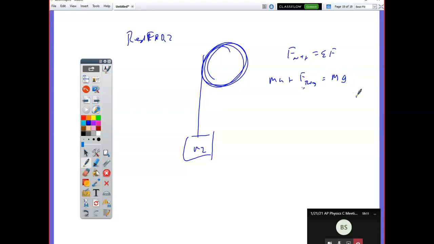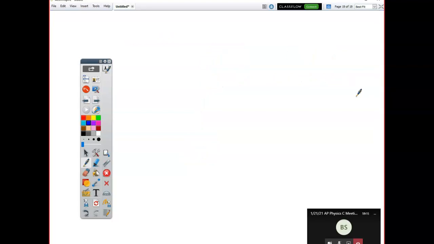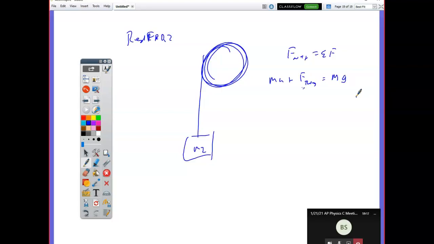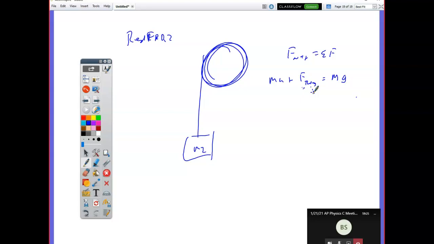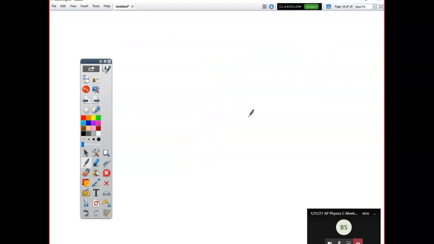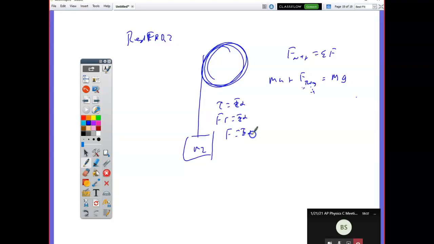And then you'll look at this and go, it says acceleration, so I have to change this into it. We remember that torque equals I alpha, and therefore FR equals I alpha. So the force is equal to I alpha over R.